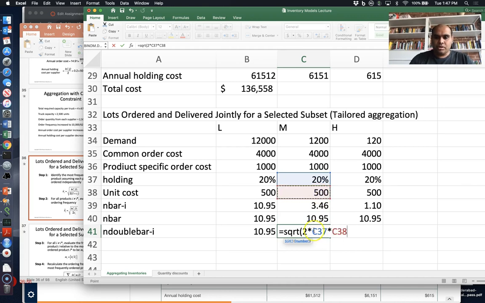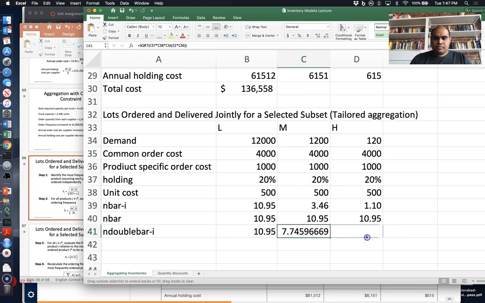It will be H times C times D divided by 2 times just the individual ordering cost. So this is where you're saying, if I were to order this along with the other one, how often would that ordering happen?